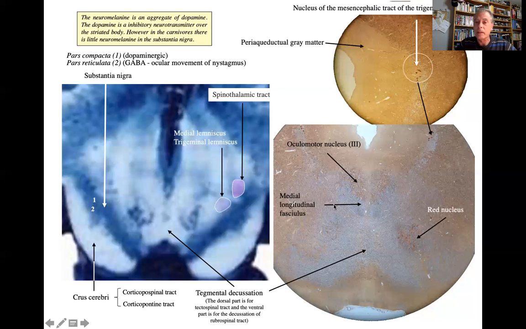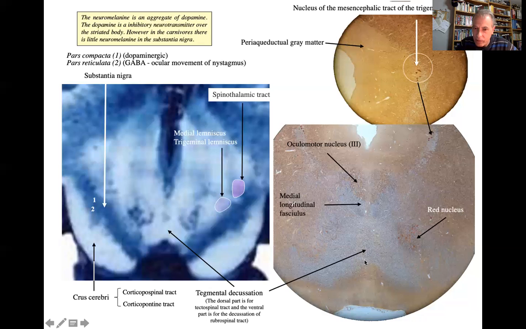It is joined by fibers from the caudal colliculus, and their fibers cross the midline at this point, at the tegmental decussation, right here. And they go down, forming the tectospinal tract, okay?